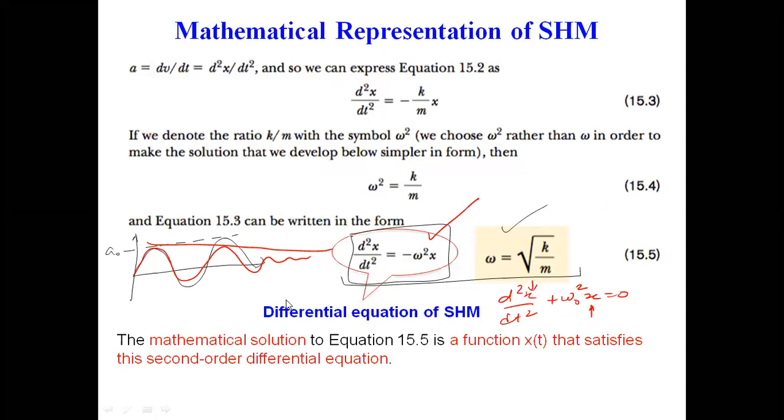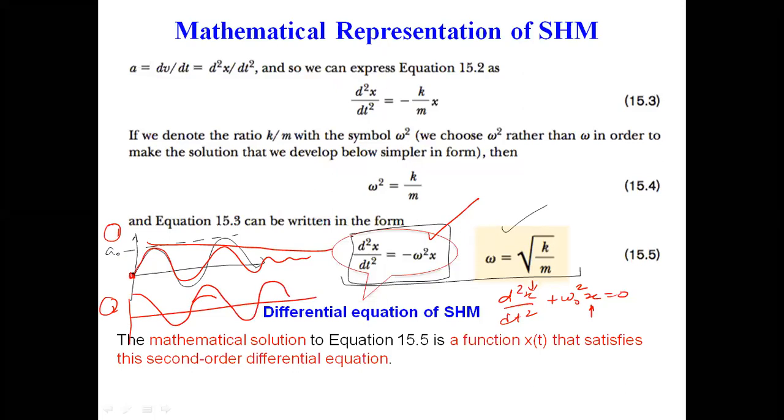Now if we put the sine function in it, it will satisfy it, and if we put the cosine function in it, it will also satisfy it. So which one to take? It will depend upon what displacement you took. Starting from the mean position you'll take sine. If you're starting from the extreme, maximum position, you'll take cos.